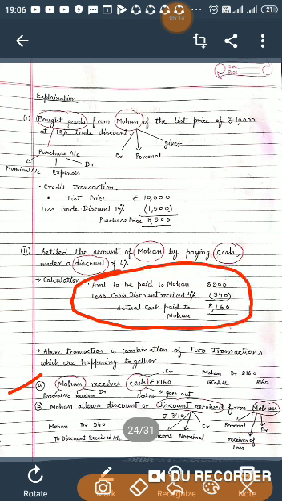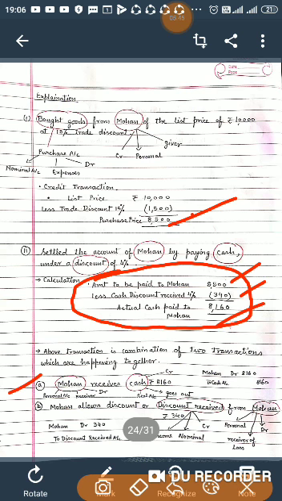The amount to be paid to Mohan is 8,500 and he is allowing a 4% discount. 4% of 8,500 is 340. We deduct it from 8,500 and the remaining amount is 8,160, which is the actual cash to be paid to Mohan.